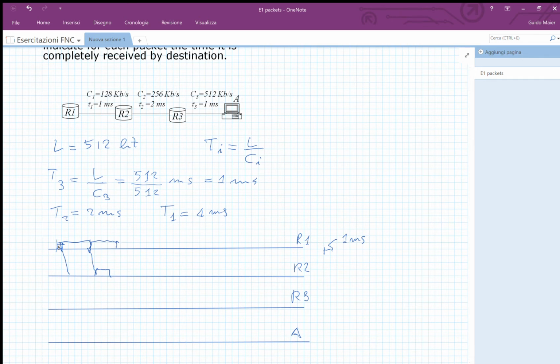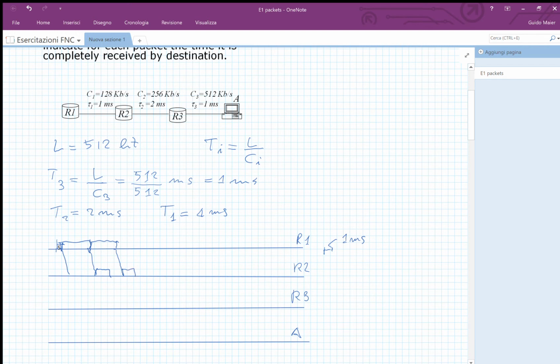When the second packet arrives at R2, the first packet has been already retransmitted completely. Okay? So the interface in R2 is free, and R2 is able to send the second packet immediately after. This is not the general case, okay? But in this case, it's like that.